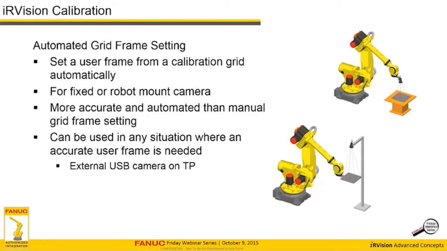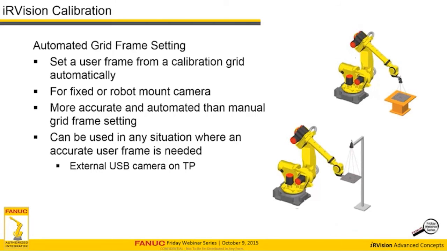Even an external USB camera that's available with iRVision can be hooked up to the teach pendant, and you can use that to do a very accurate automated grid frame setting. Again, if you haven't tried it, it's something for you to look into for any precision application, particularly one involving assembly.